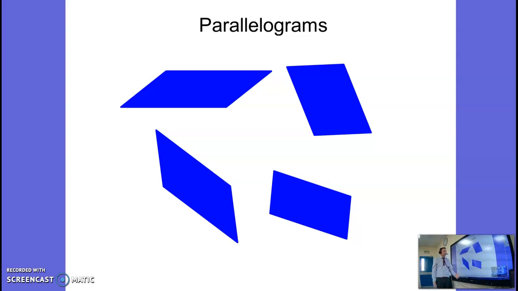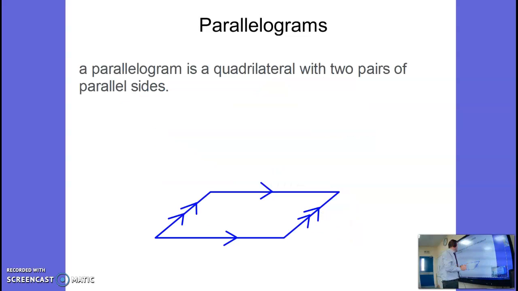So here's some parallelograms. Now what makes a parallelogram a parallelogram? Well, a parallelogram is a quadrilateral, and a quadrilateral is a 4-sided shape. Simple as that. Any shape with 4 sides we call a quadrilateral. And parallelograms are ones where there are 2 pairs of parallel sides.